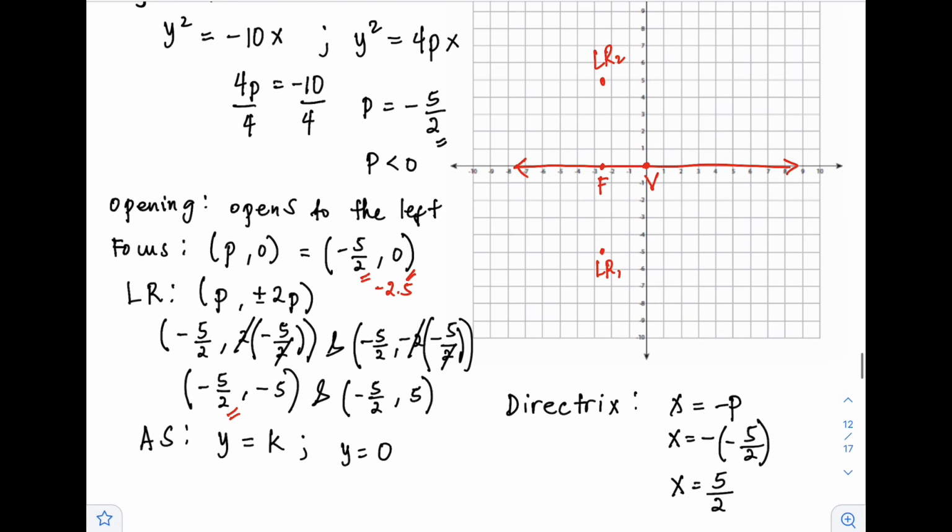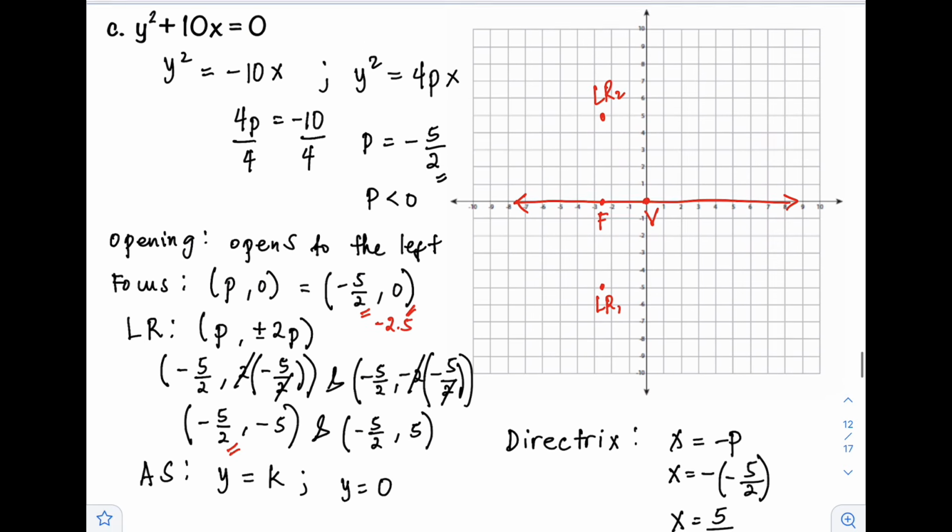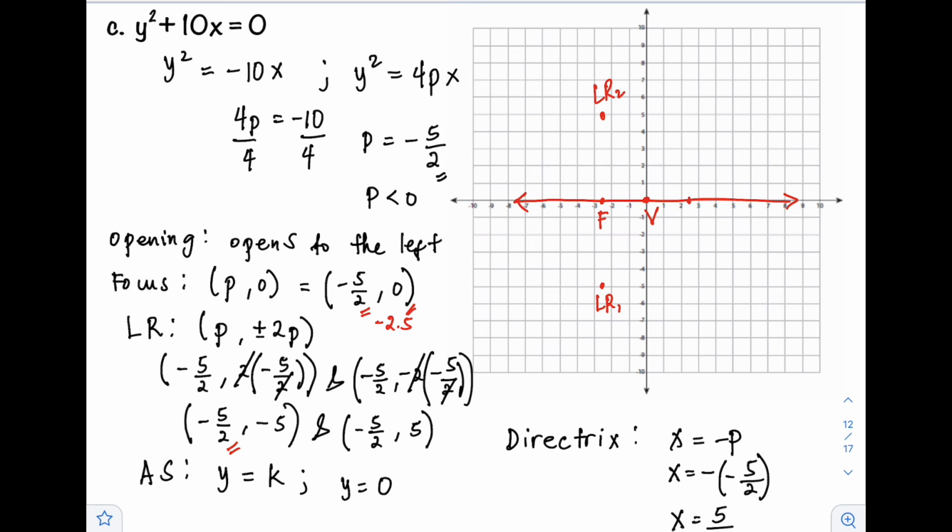Then last is yung ating directrix na we have x equals 5 over 2 or 2.5. So yung 2.5 is makikita between 2 and 3. So nandito yung ating directrix. Ito yung directrix, then ito yung ating axis of symmetry.